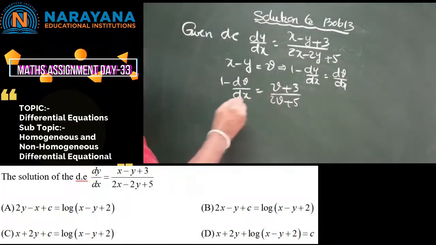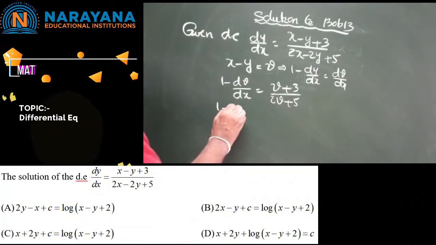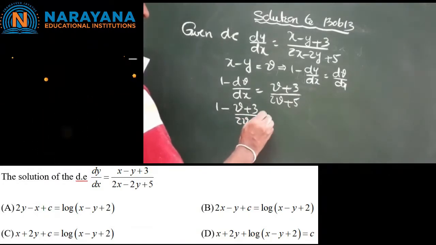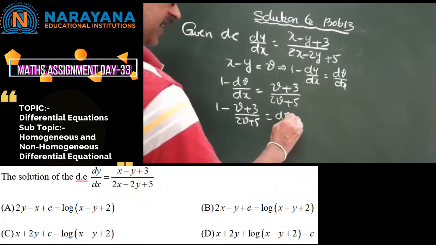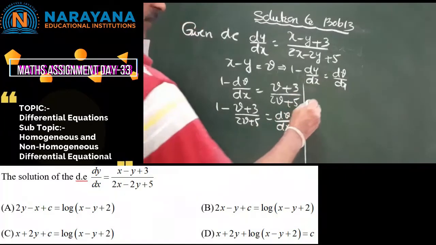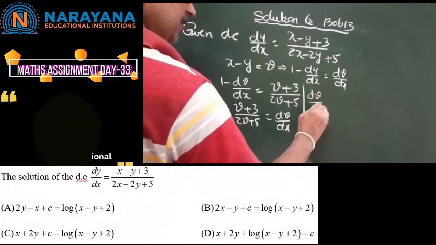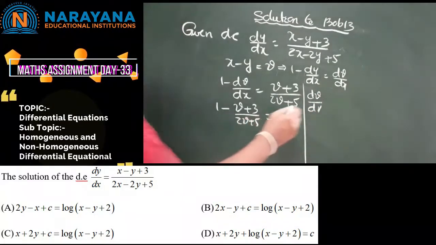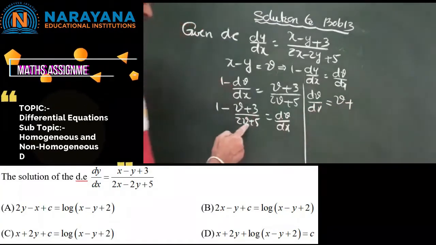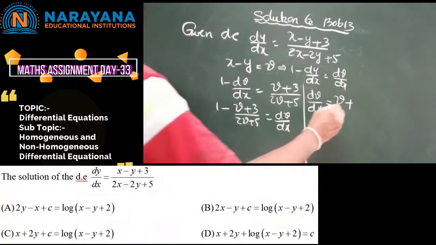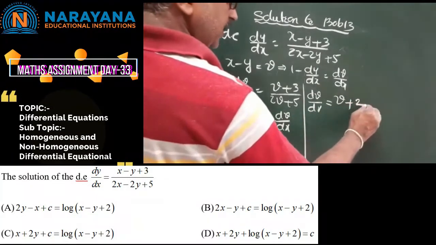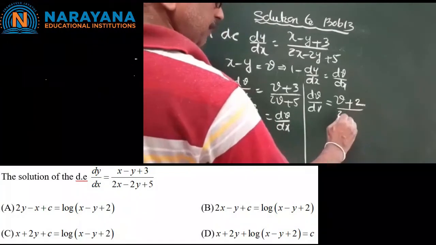Getting all the things to one side, we get 1 minus (v plus 3) divided by (2v plus 5) is equal to dv by dx. After simplifying and taking the LCM, dv by dx is equal to (2v plus 5 minus v minus 3), which gives (v plus 2) divided by (2v plus 5).